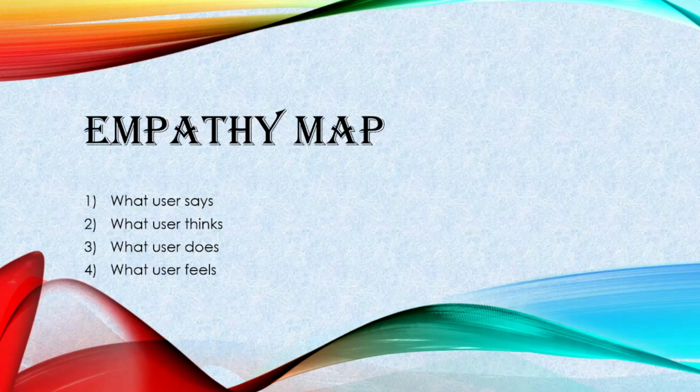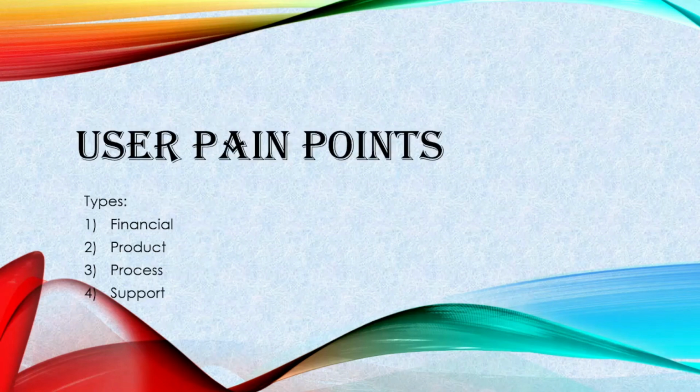Now, after you have created this chart and know your user even more clearly by finishing all the interviews, you have to understand the pain points of the user. What does pain point mean? A pain point is a problem faced by the user, right?